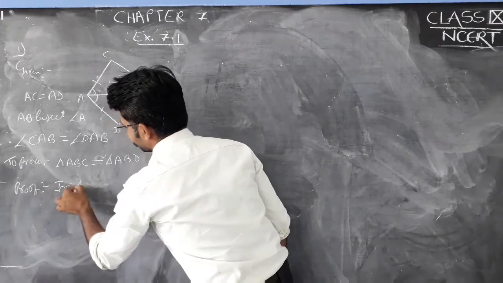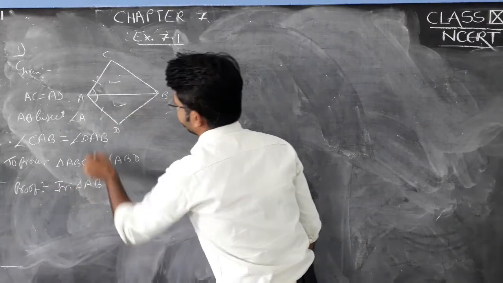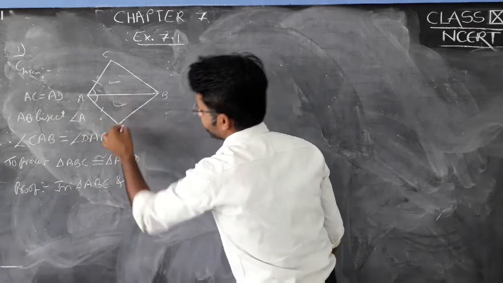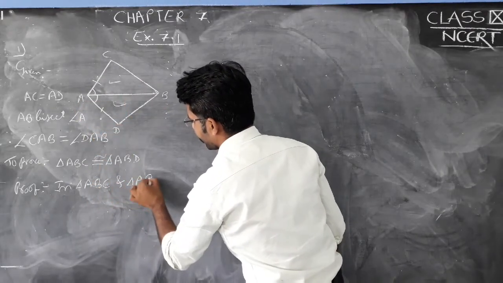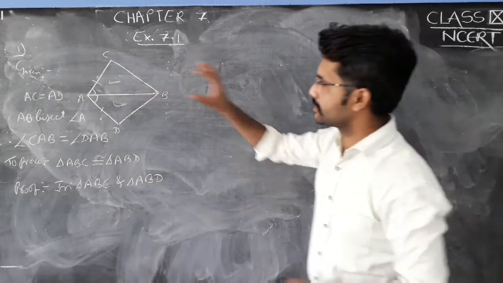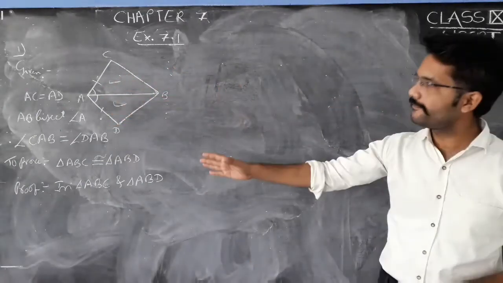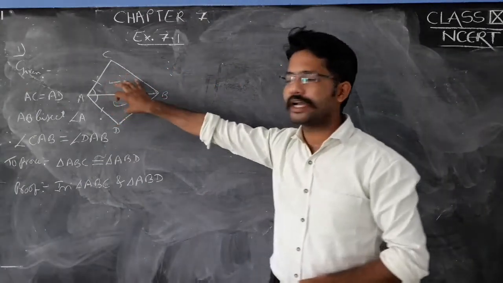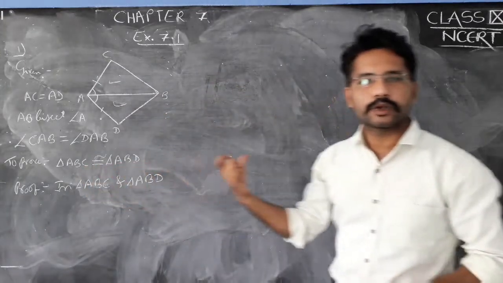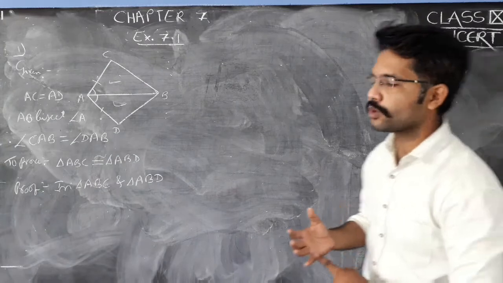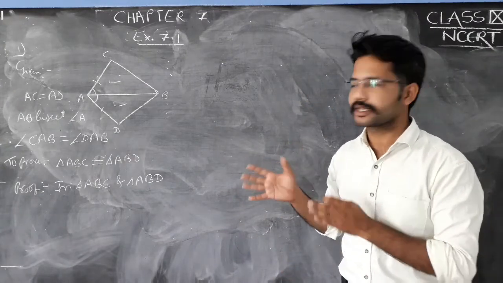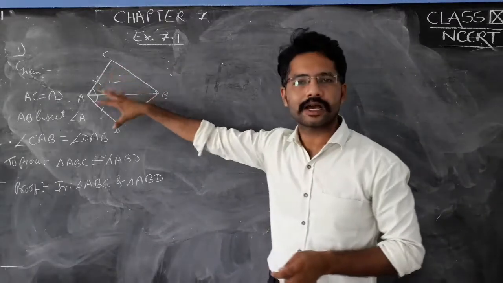So write, in triangle ABC and second triangle ABD. So we have to take any three things equal in these two triangles, and if we show any three things equal, then we can say these two triangles are congruent. Means to prove congruence, we have to show at least three things equal. So if we show any three things equal, then we can say these two triangles are congruent.